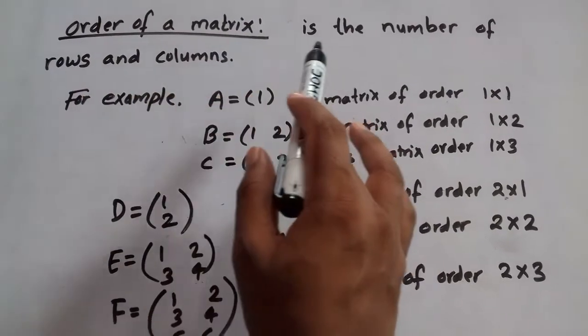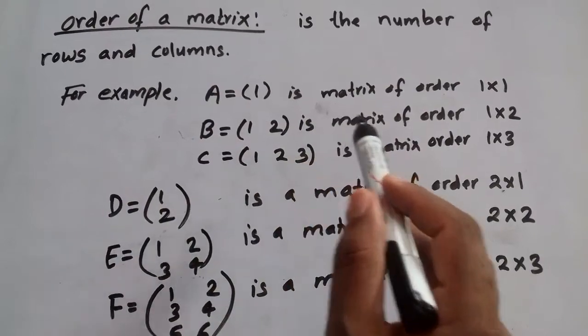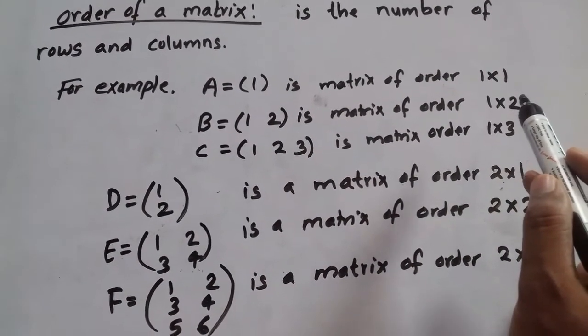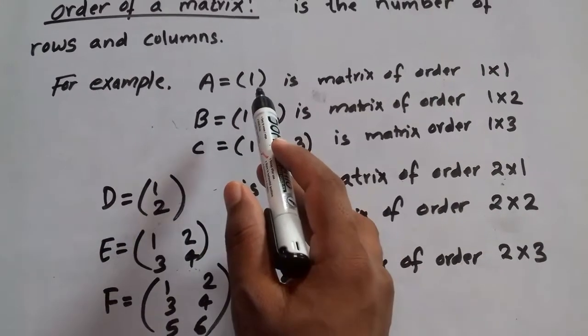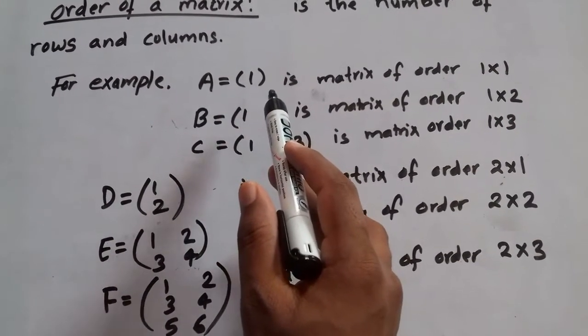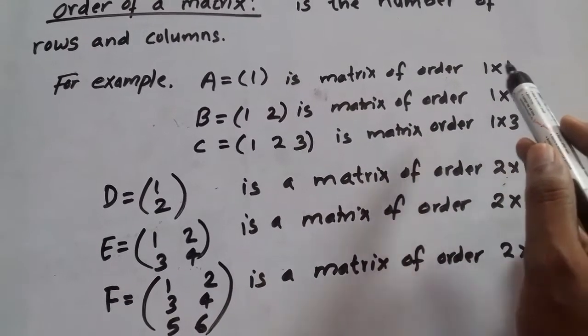Order of a matrix means the number of rows and columns. It is written in this form, like 1 by 1. In this matrix there is one row and one column, so the order of the matrix is 1 by 1.